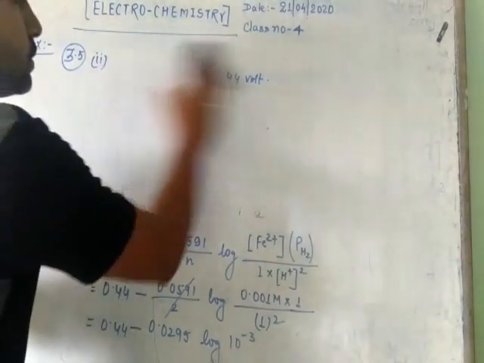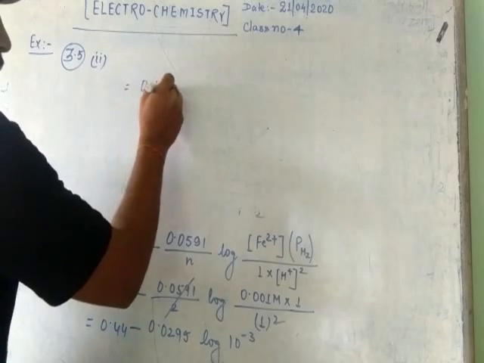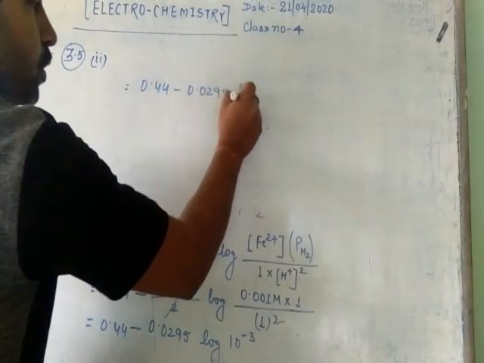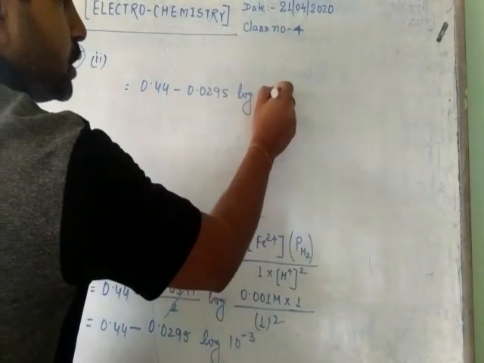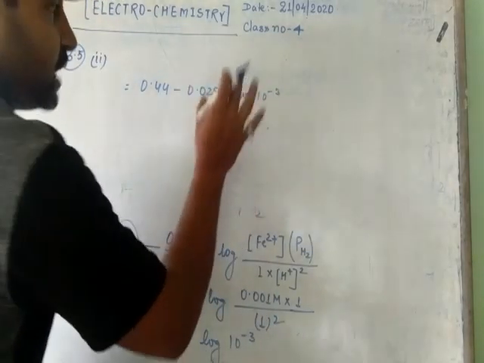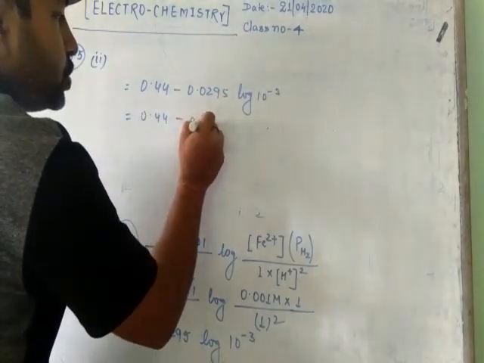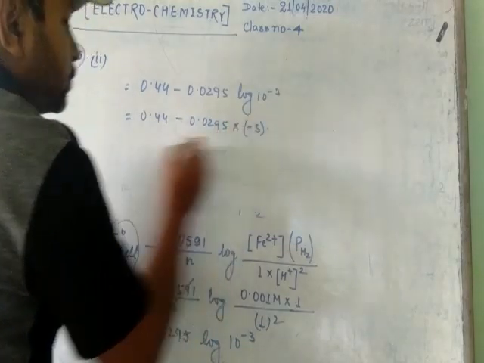Now solving these, students, 0.44 minus 0.0295 log 10 to the power minus 3. Log of 10 to the power minus 3 is minus 3. So 0.44 minus 0.0295 into minus 3.